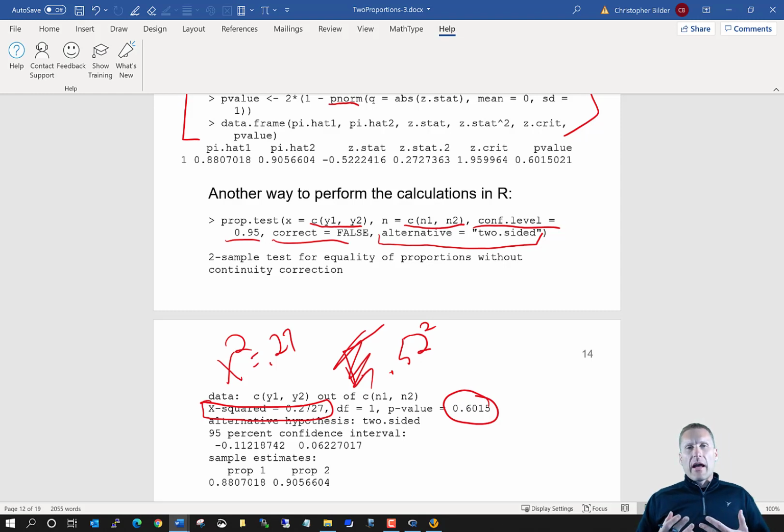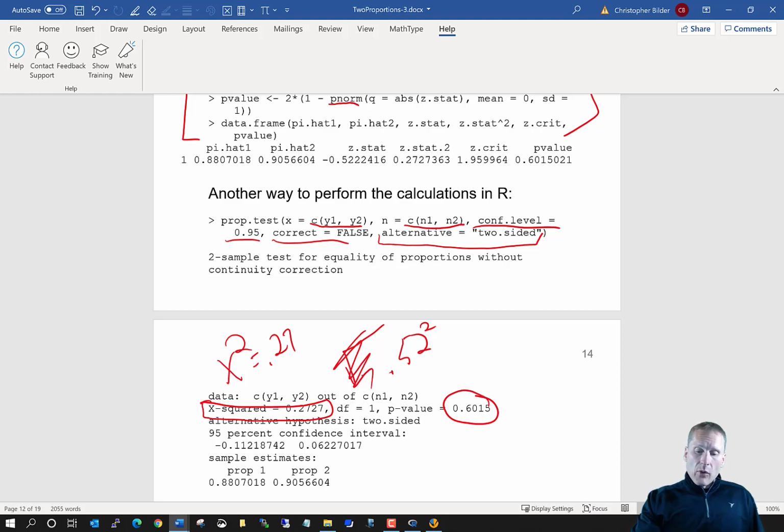And we talked about how a chi-square 1 distribution is the same as a standard normal distribution, essentially squared. In terms of a random variable from a standard normal distribution, if you square it, that's equivalent to a random variable from a chi-square 1 distribution. The details of that are not important to us, other than you need to know why that test statistic there is labeled with an X-squared, and also how that relates to what we actually have.